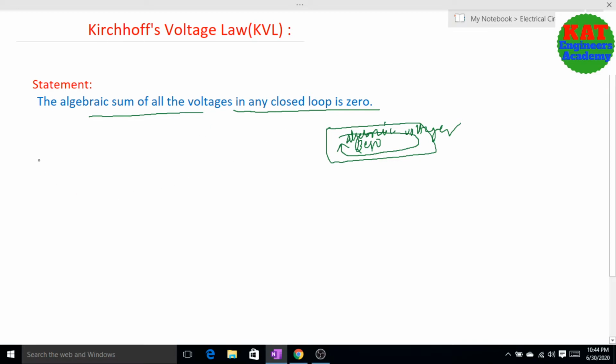Now here I consider one example, then we will discuss what is meant by Kirchhoff's voltage law. Here I consider one example consisting of a voltage source, one resistor, one more resistor and one more resistor.